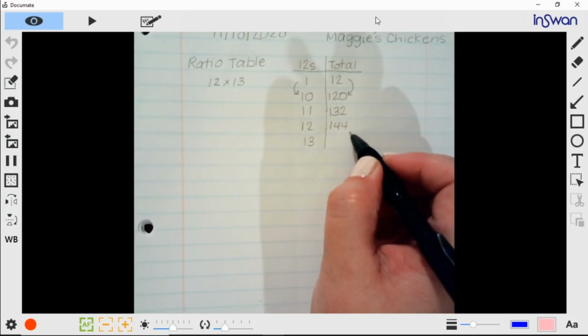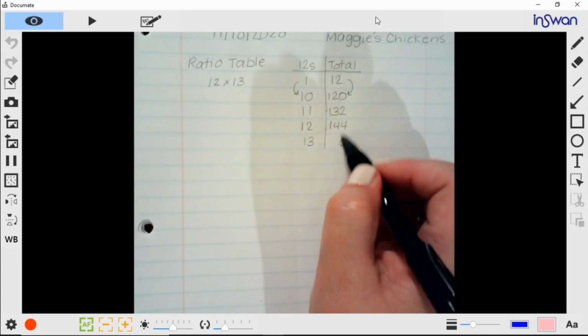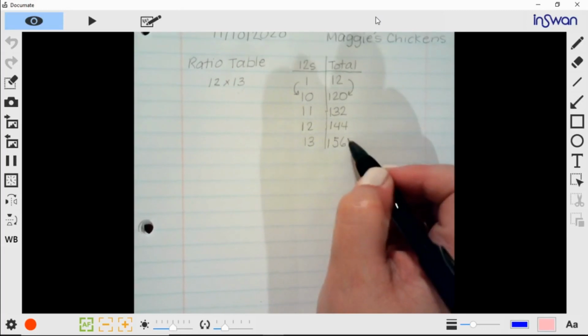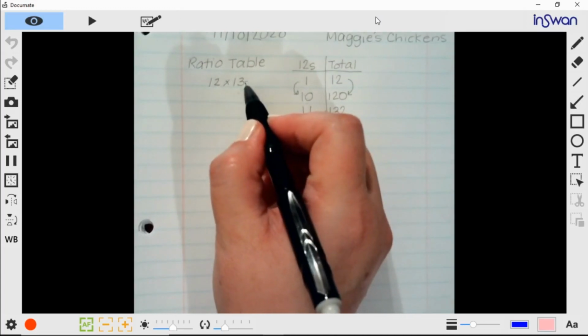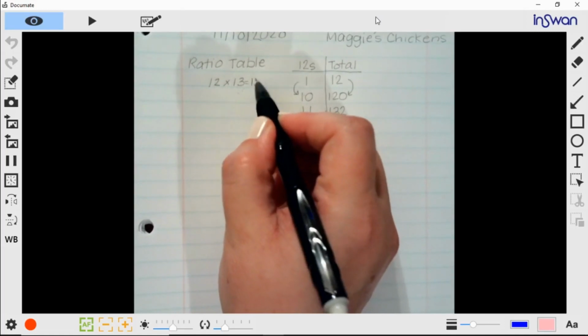So the 4 plus 2 gives us 6. 4 plus 1 gives us 5, and we have 156. So this is our answer then. So we can come back up here now and say 12 times 13 equals 156.